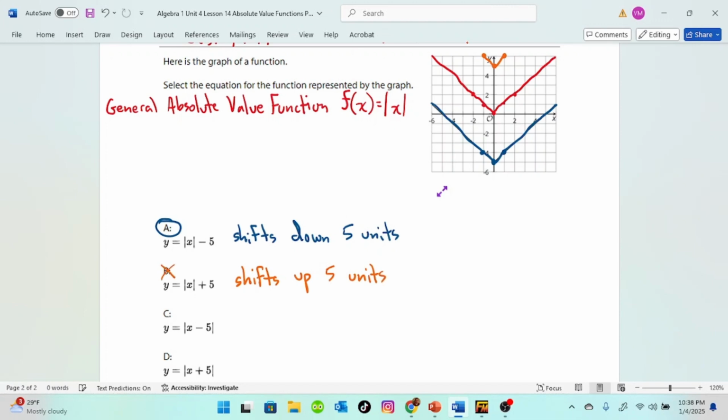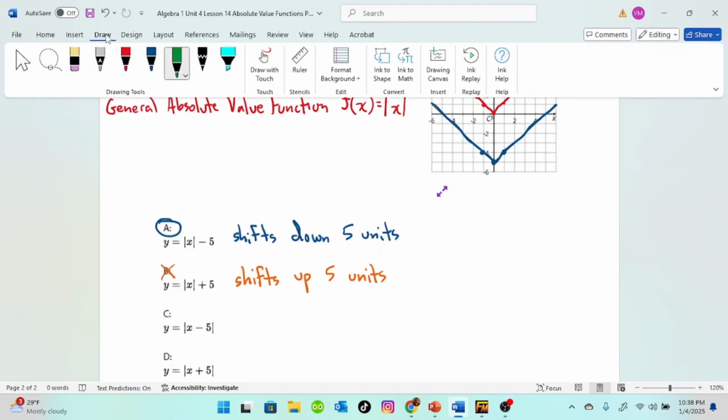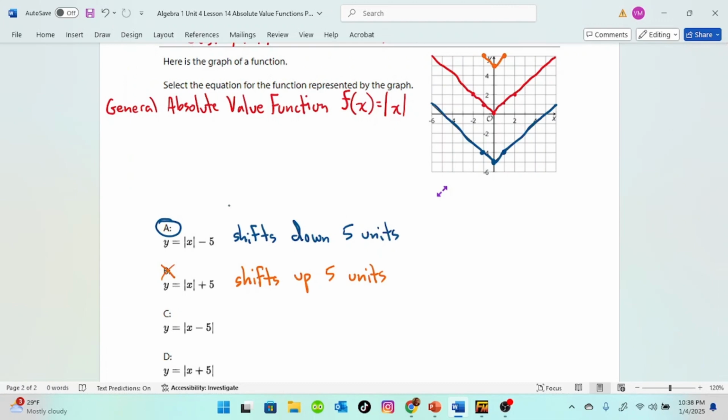So we know that B was not the answer. Now let's look at C. If x is 0, then 0 minus 5 is negative 5, and the absolute value of negative 5 is positive 5.